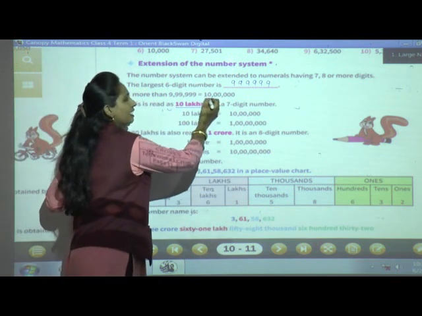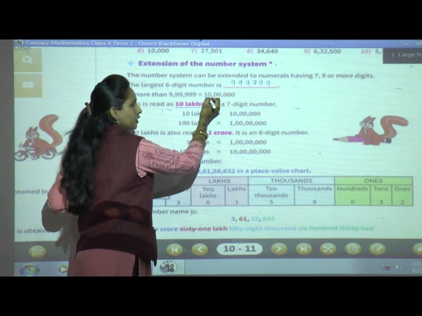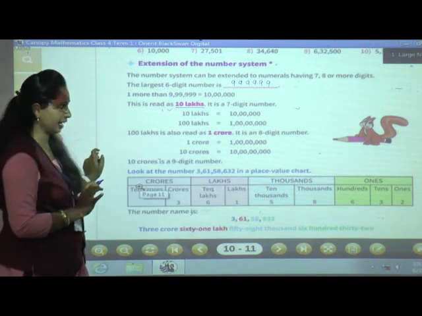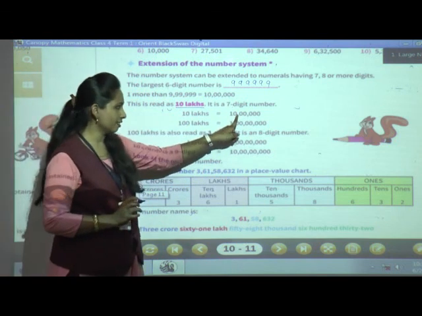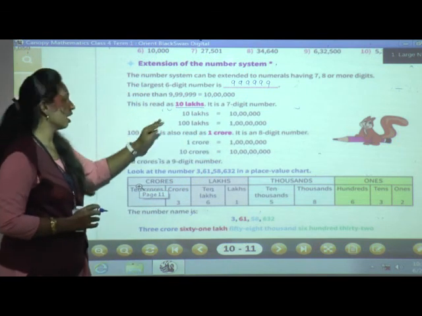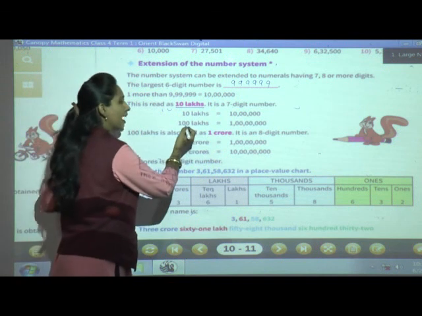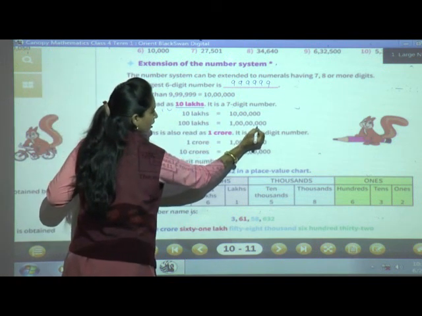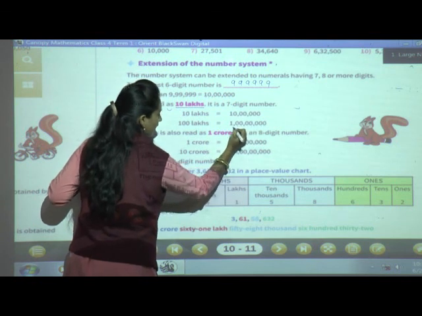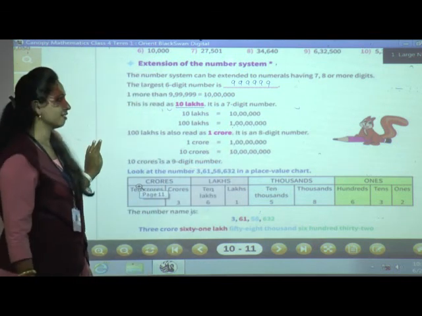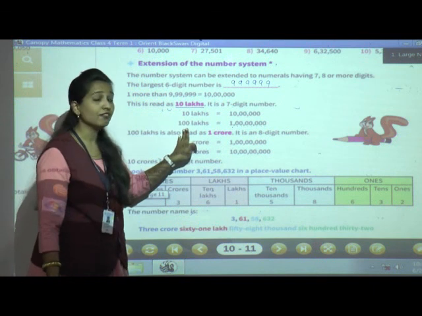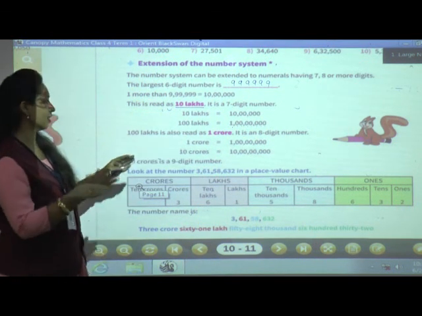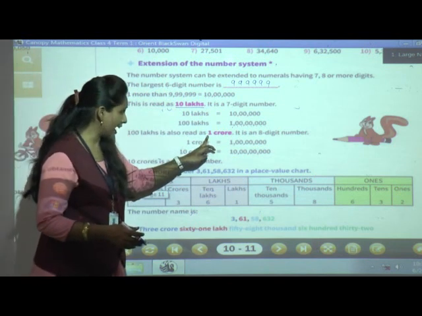Now when we got 10 lakhs, how many digits are there? 1, 2, 3, 4, 5, 6, 7. 7 digits. Okay, 10 lakhs is a 7-digit number. Again when we want 100 lakhs, one more digit will be added. 1, 2, 3, 4, 5, 6, 7, 8. This is the smallest 8-digit number.